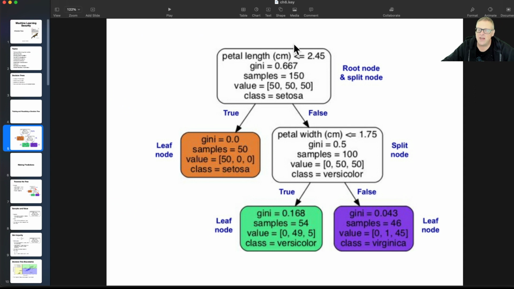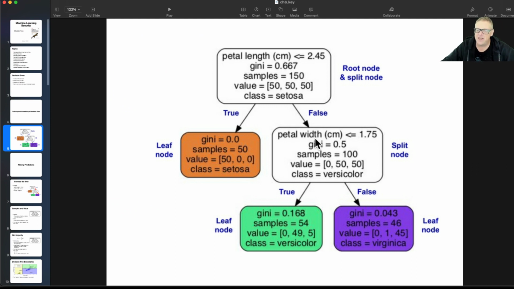Your original data set has 50 of each class, 150 samples, and then you do a single if statement. If the petal length is less than 2.45, you go this way, otherwise you go this way. If you go this way, that's enough to completely split out this entire class of Setosa. All 50 of the Setosas are here and nothing else, so you've completely classified that one.